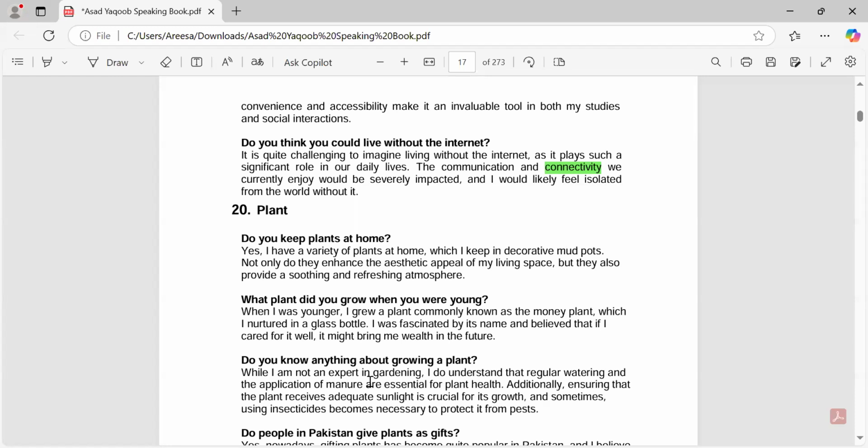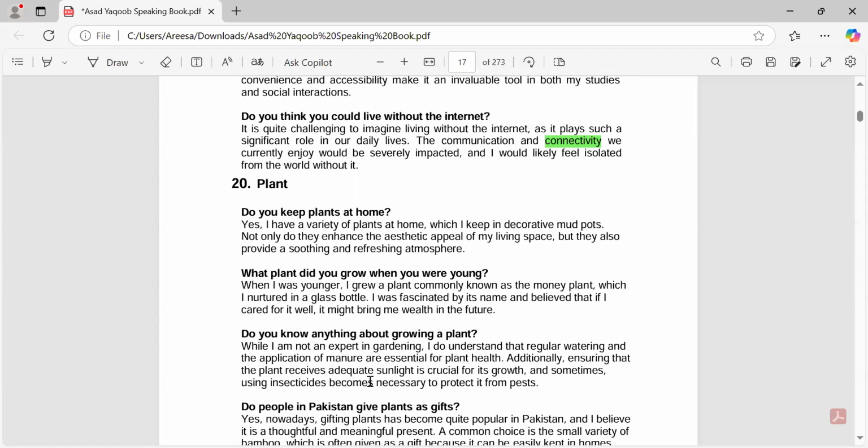So I think it is not quite usual, but sometimes people give these kinds of plants. Sorry, I was stuck in this question.